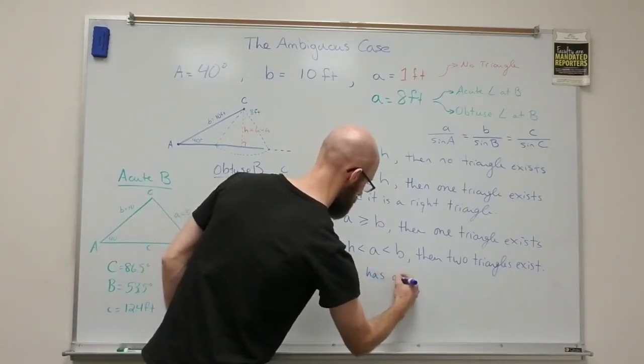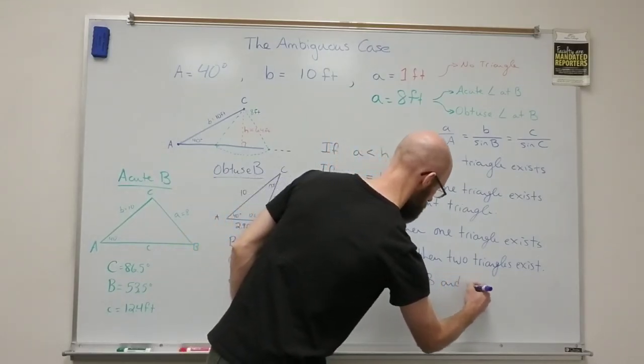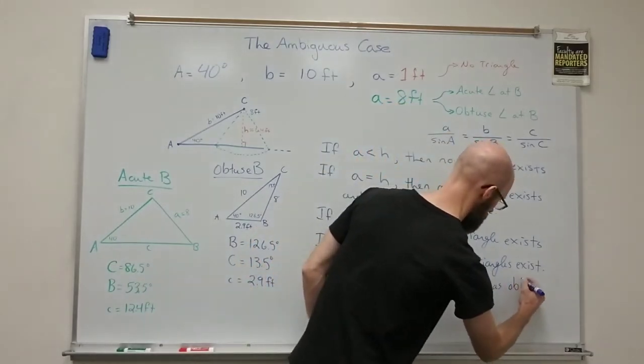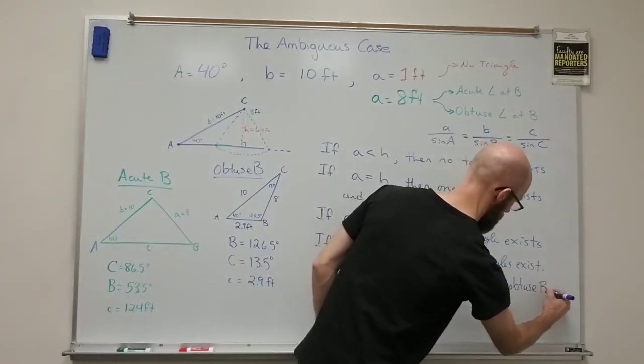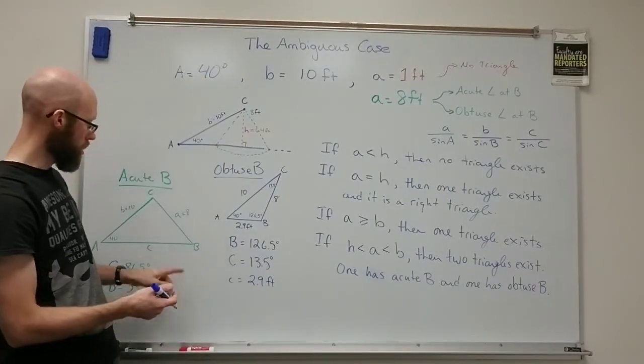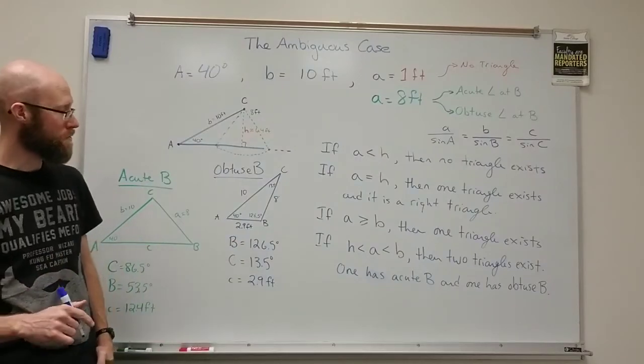One has acute B and one has obtuse B. One has an acute angle at B and one has an obtuse angle at B. Those are the two options.